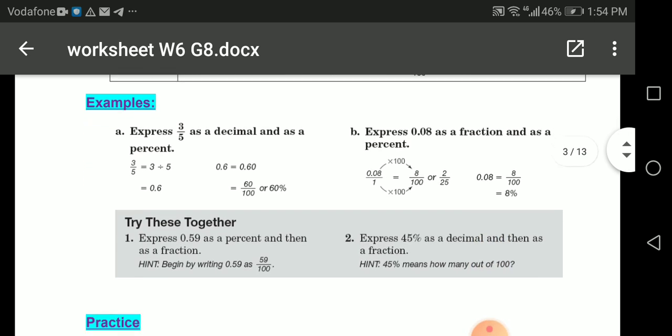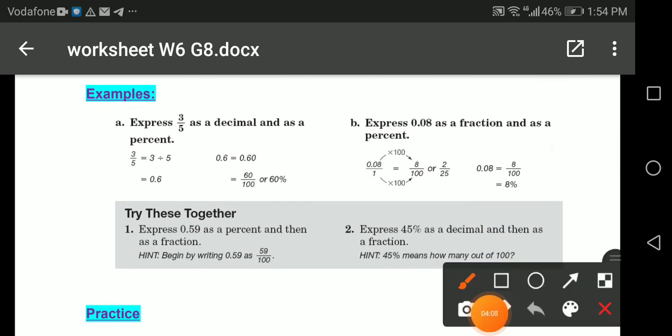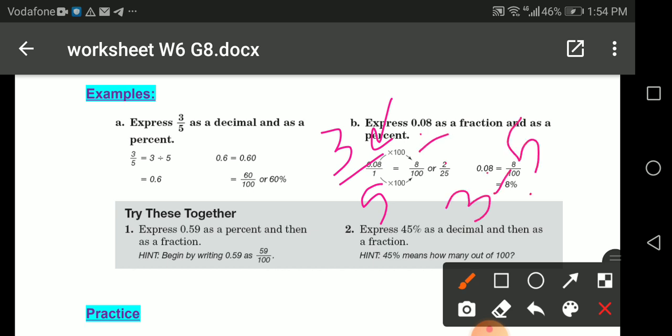Let's have some practice here. If I have here 3/5 and he asks me to write it as a decimal and as a percent. A decimal means what? Remember, this fraction means division. It means 3 divided by 5.